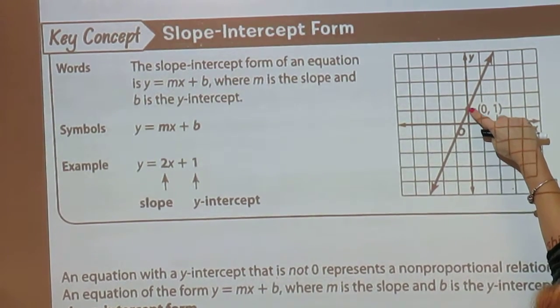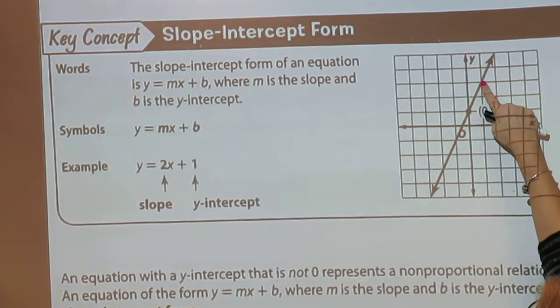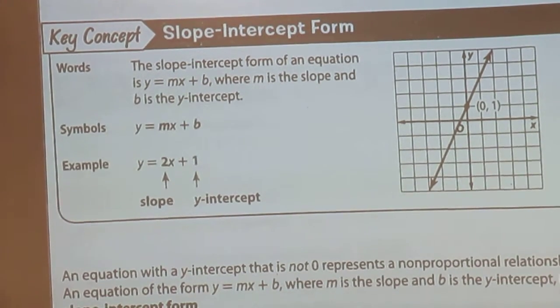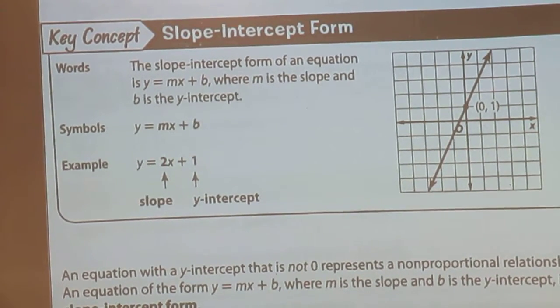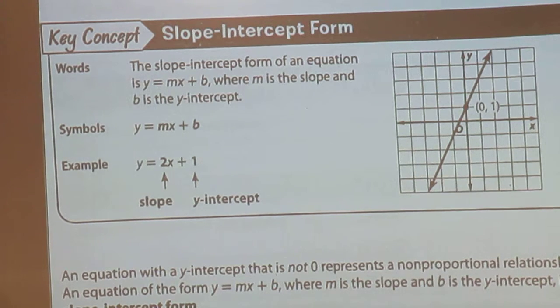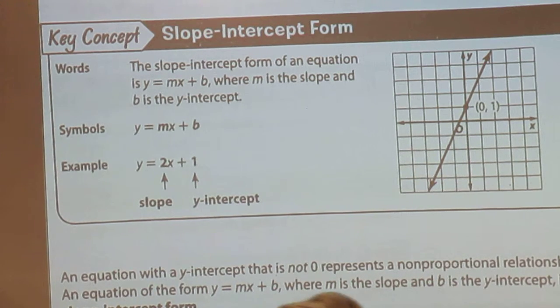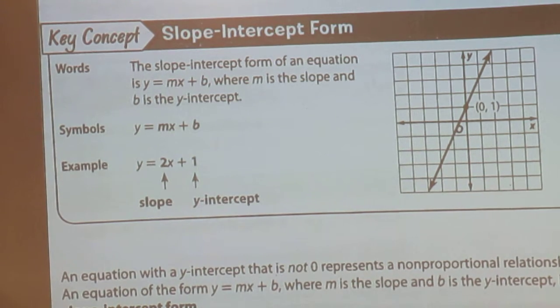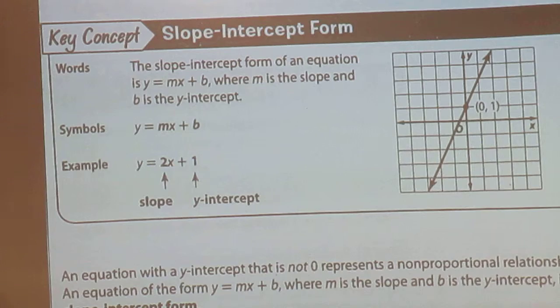So let's see, if I go up 2, 1, 2 over 1, 1, 2 over 1. Then I can connect the points and have a slope of 2. Does that make sense? So just like counting on a graph to find slope is very easy, using this y-intercept form to be able to graph a line is also very easy, because you can just plug in the y-intercept and then find the slope.